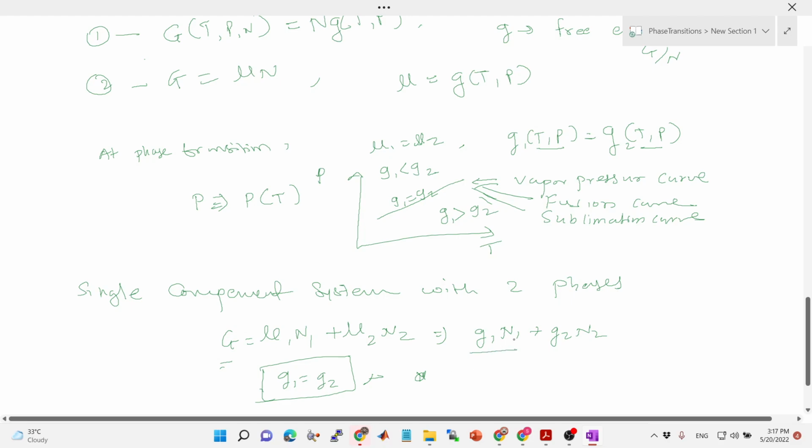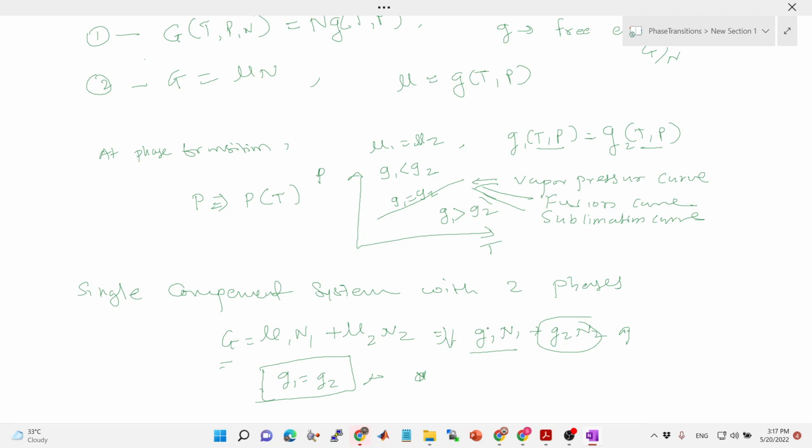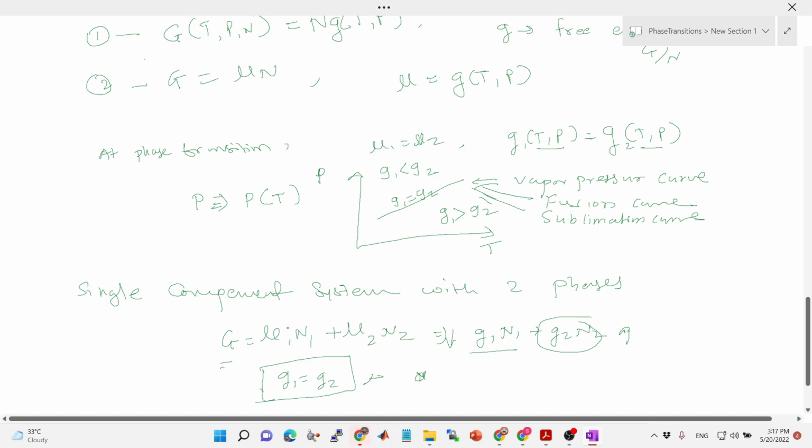If some particles from phase 1 go to phase 2, N1 will be reduced and by the same amount N2 will be increased. So if g1 and g2 are the same, there is no change in the total free energy.